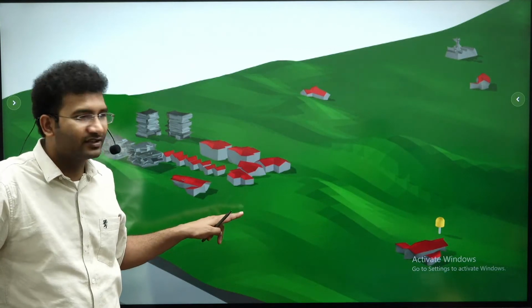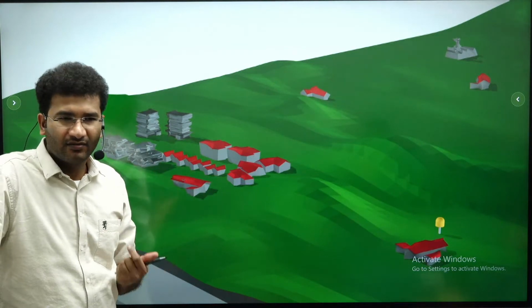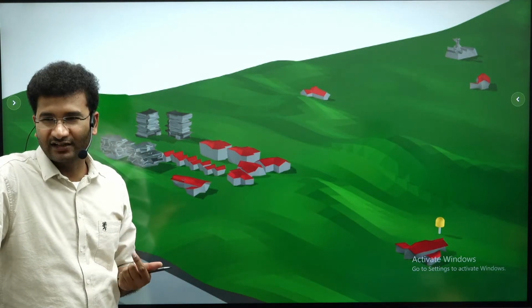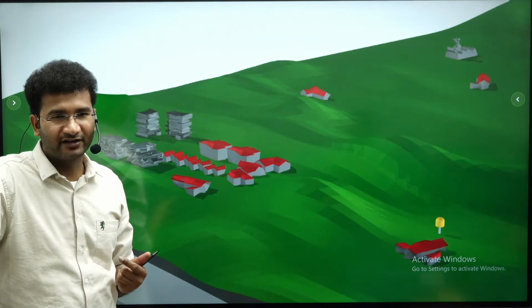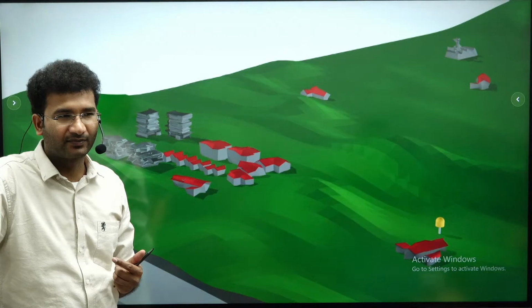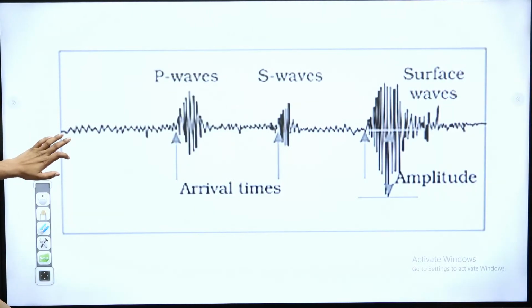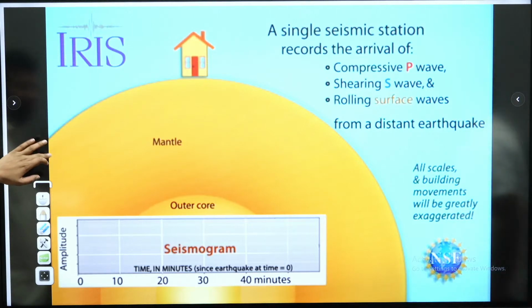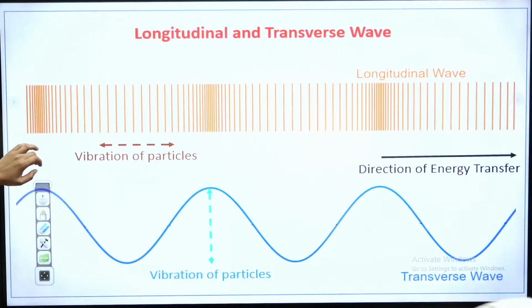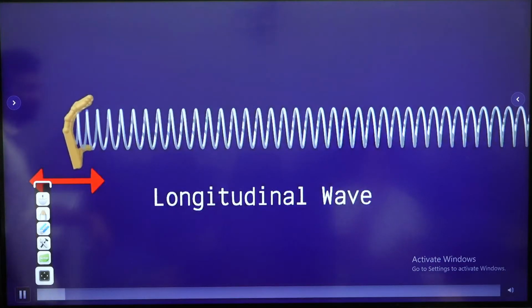Not much time is there. मतलब P wave पहुंचने के बाद S wave hardly within a second, 2 seconds, 3 seconds के अंदर ही it will reach. So that's why we do not have much time, right? Come back, we were discussing the P waves and S waves. Look, see, this is a longitudinal wave and there is a transverse wave.